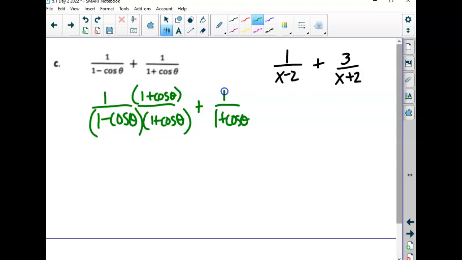And what does it need to multiply by? A 1 minus cosine. We're not going to do D, by the way. Maybe we are doing D. Nope, kidding, we're doing D.